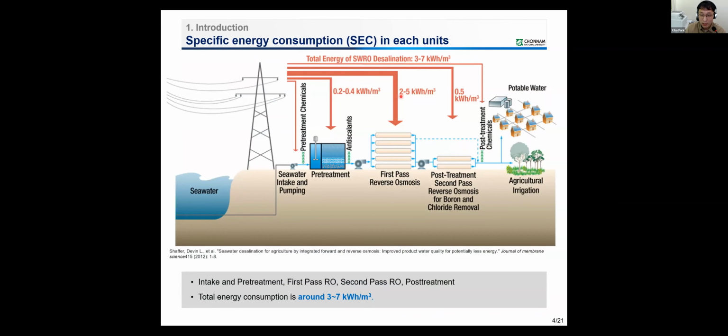For example, the pre-treatment and post-treatment also consume energy. However, the most energy consuming unit is definitely the SWRO unit itself. The energy consumption at the current level is about 2 to 5 kilowatt hours per cubic meter for seawater desalination.